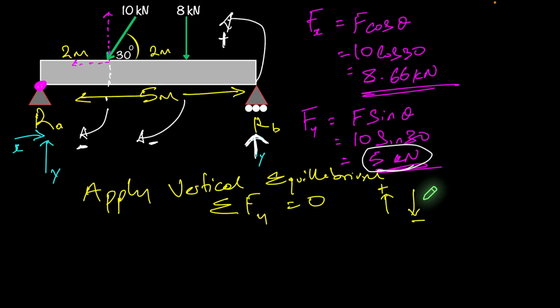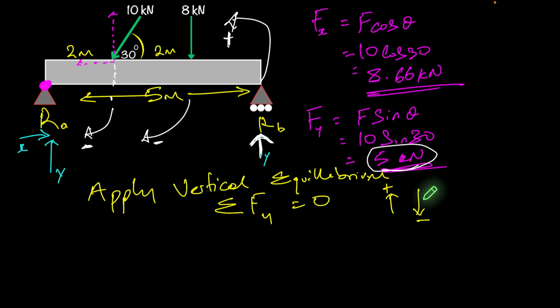So if we just get a full view of our diagram again. What's going upward? We have RAY, that's our unknown. So we have our RAY going upward. We also have RBY going upward, so that's positive again.